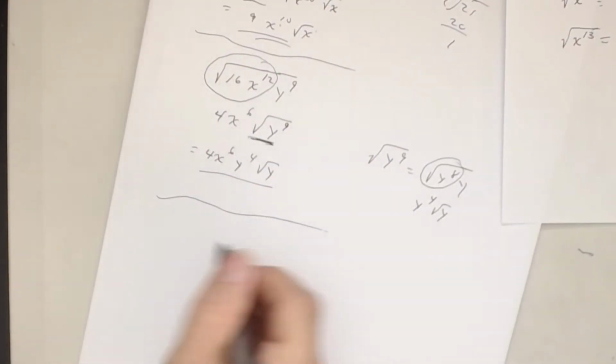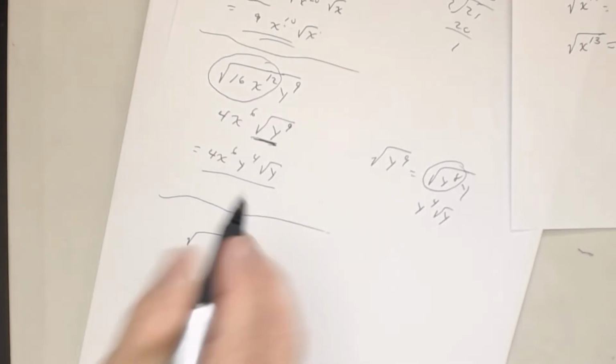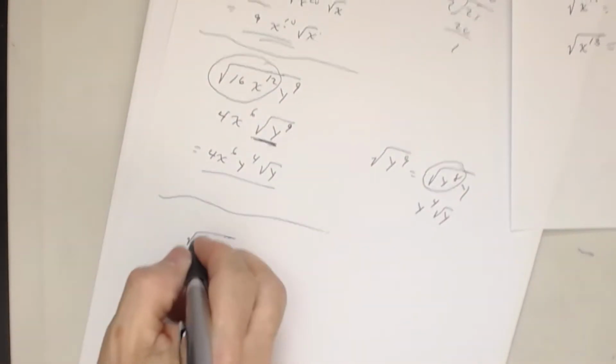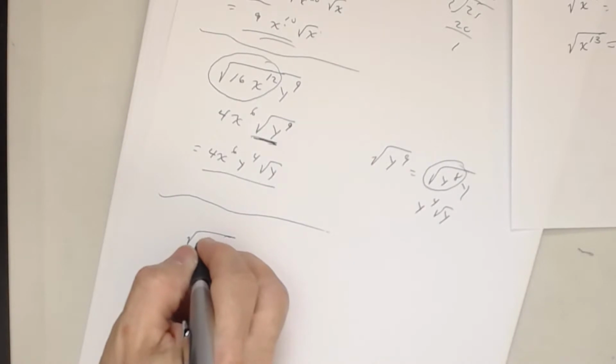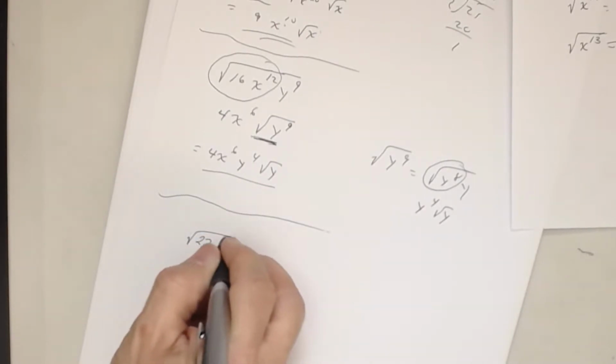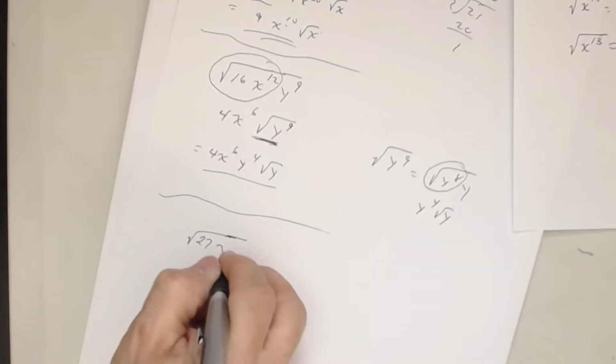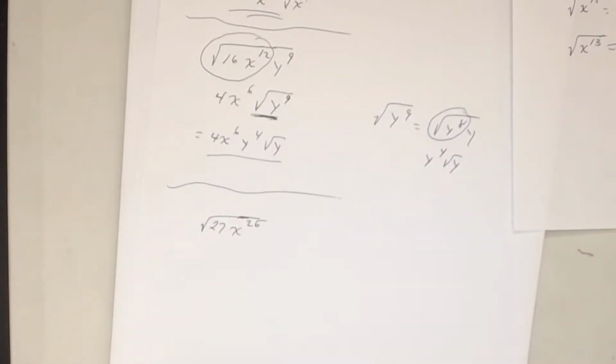All right, then what if you had the square root of, let's say, 27 x to the 26th power?